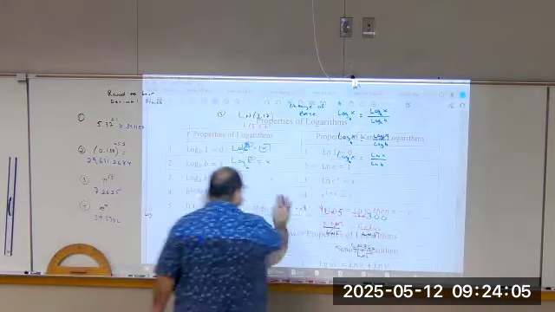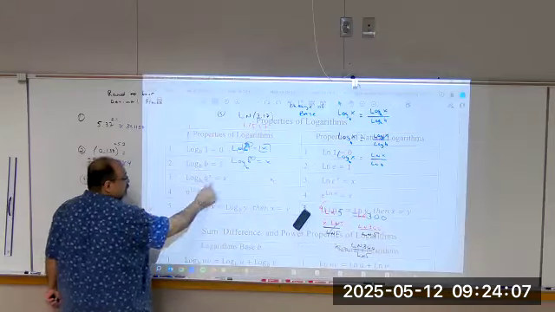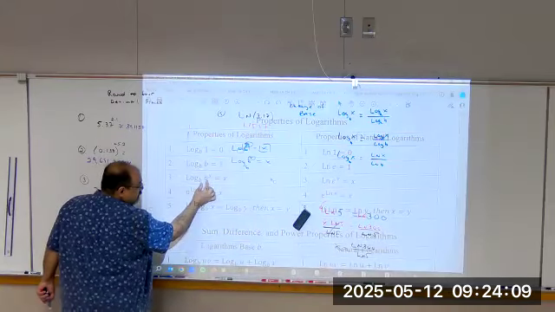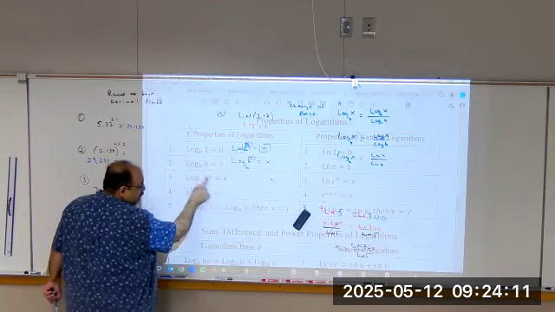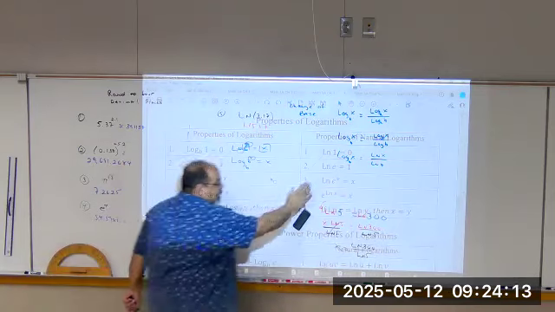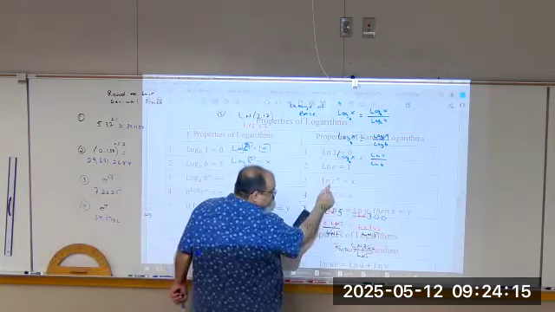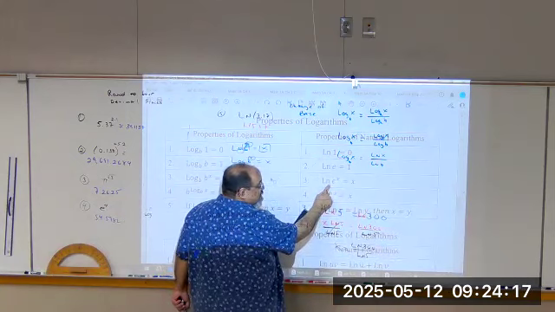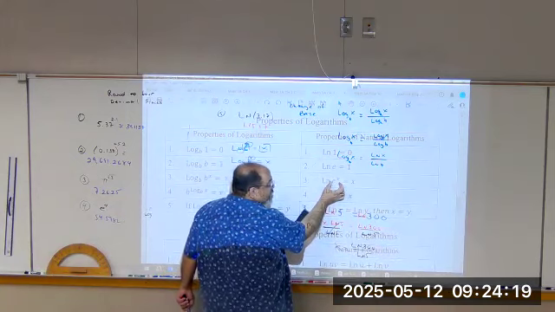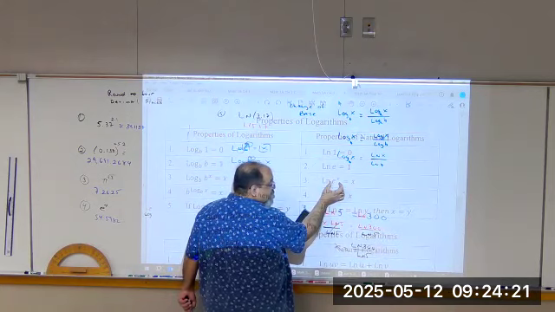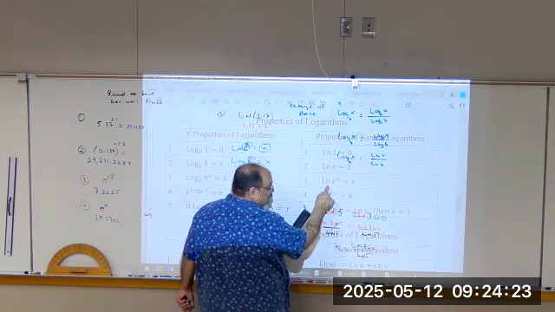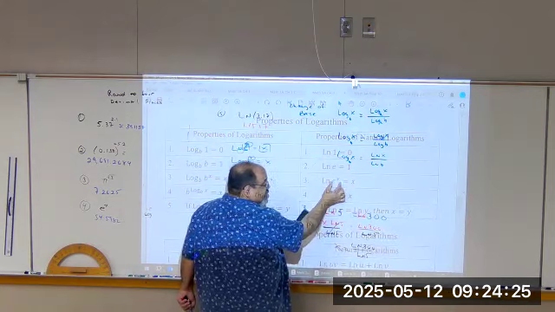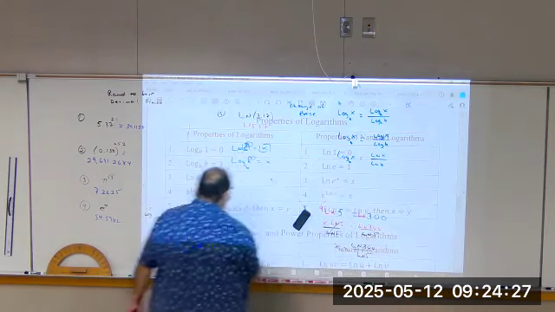Rules 3 and 4. Log base b of b to the x, since the bases are the same, they undo each other, which gives that power. Natural log of e to the x, the natural log has a built-in base e, and then you're taking e to the x. So the base of the natural log is the same as the base of what's inside. You just take the x.